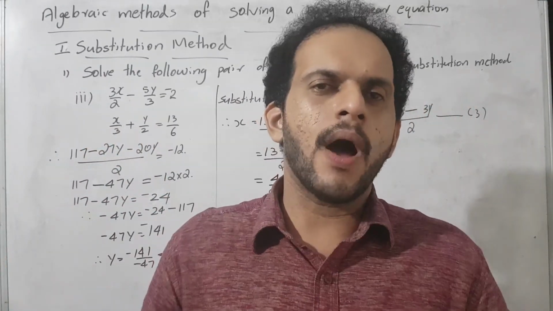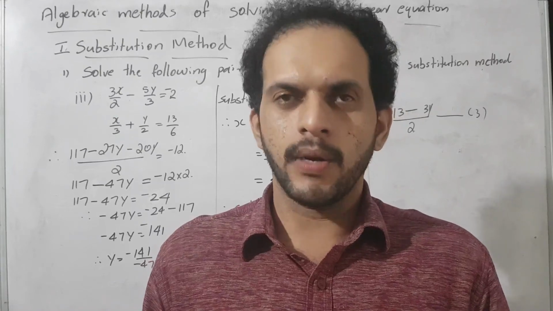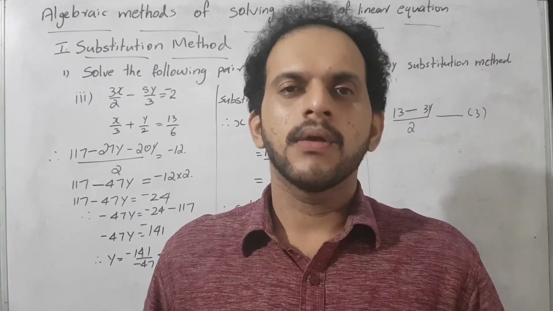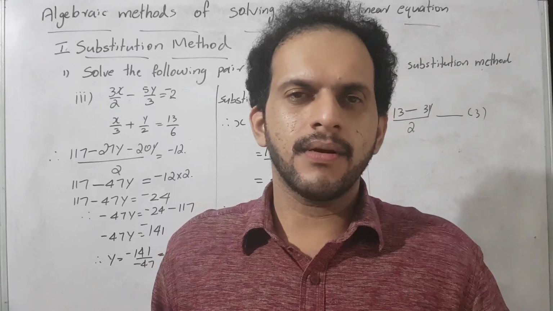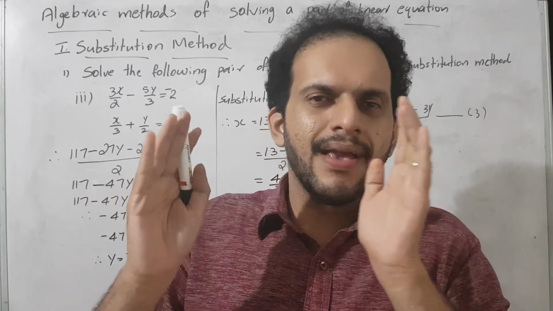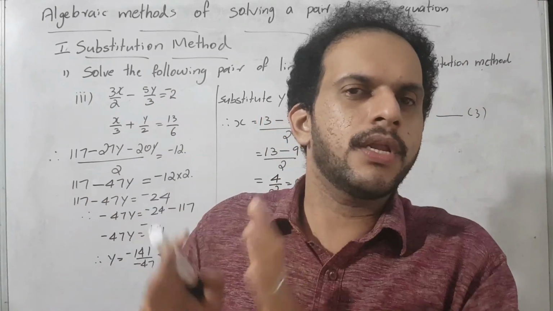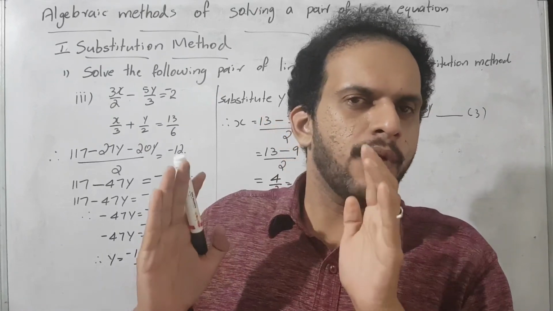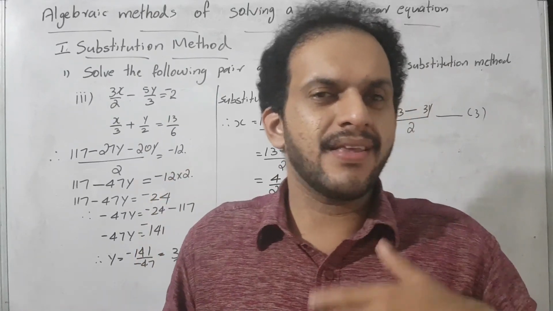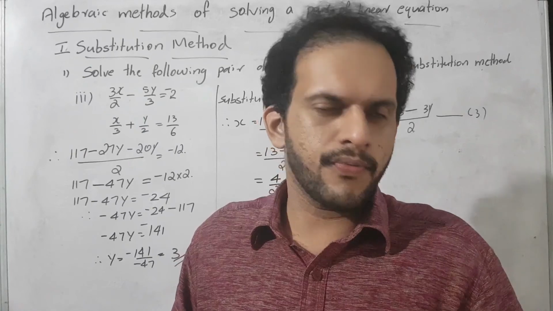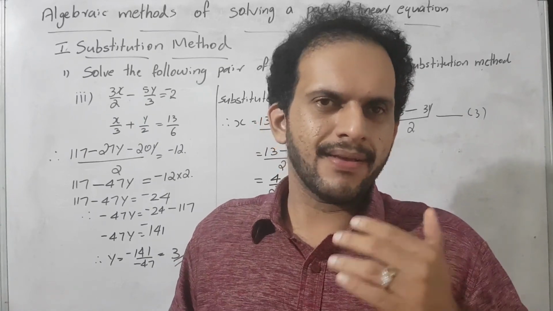The idea is how to apply the substitution method. What is the substitution method? The substitution method means we have two equations, a pair of linear equations. Make any one of these equations in the form of x is equal to form or y is equal to form. Okay. Then what is the next idea?